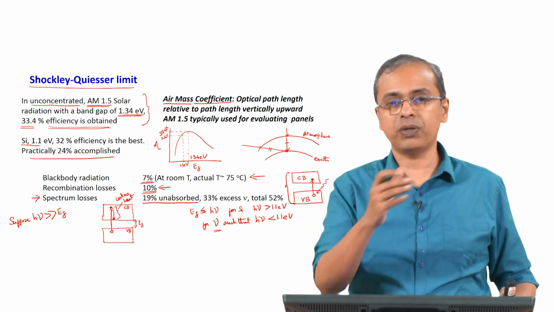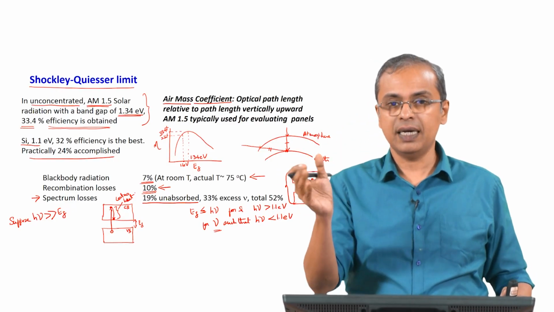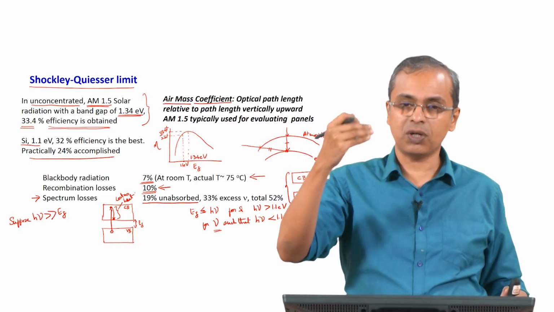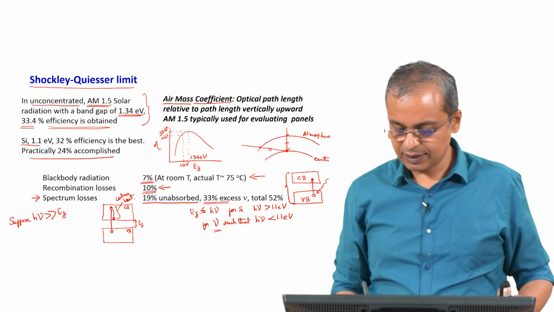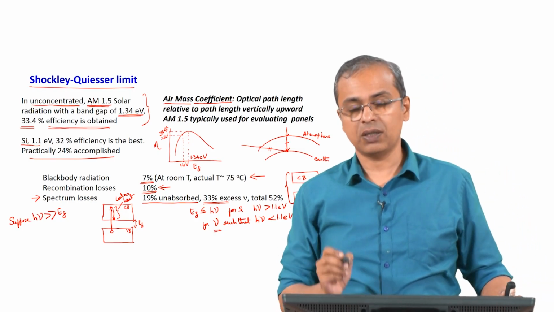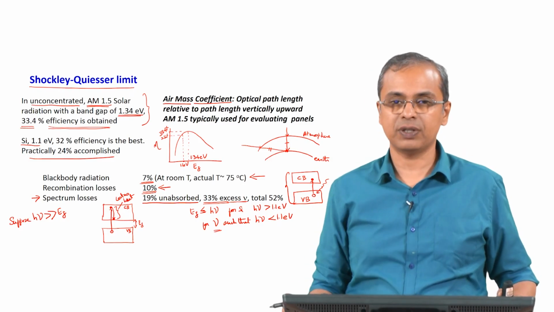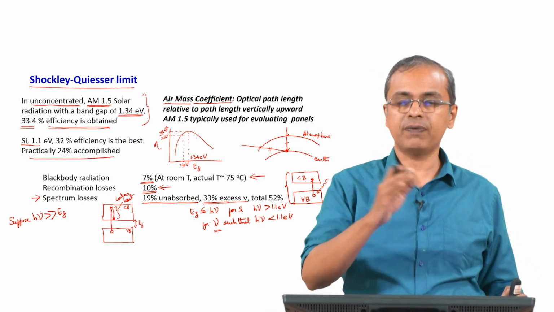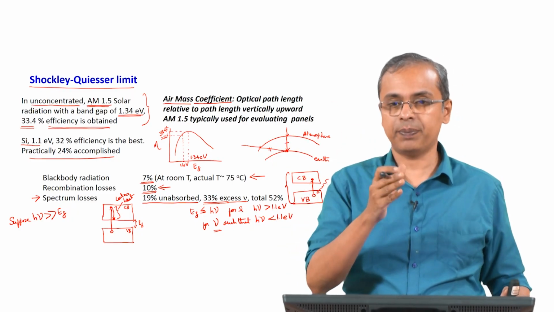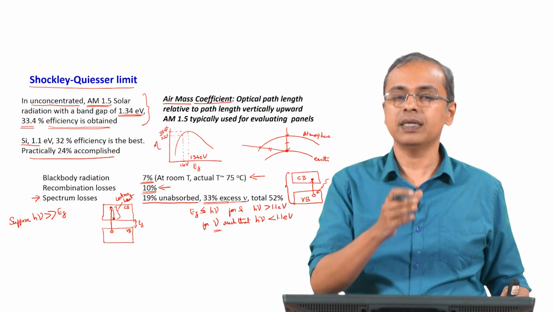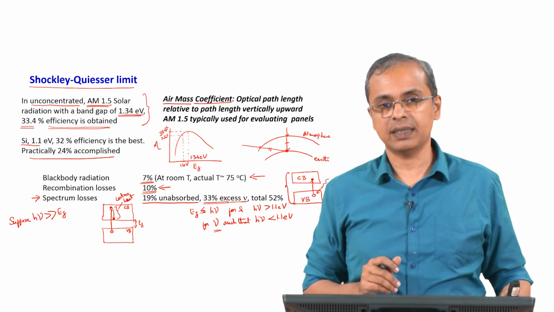If you analyze the spectrum, you find that 33% is lost by using frequencies which are higher than what is required for that band gap.